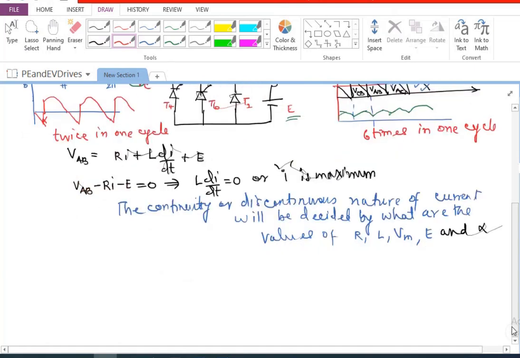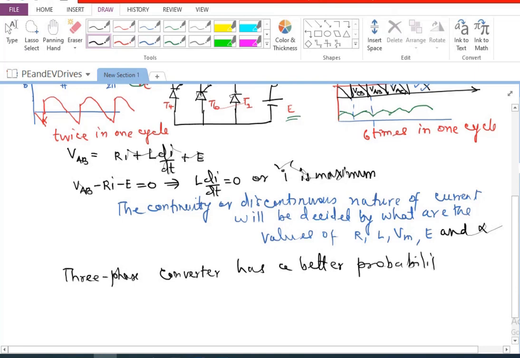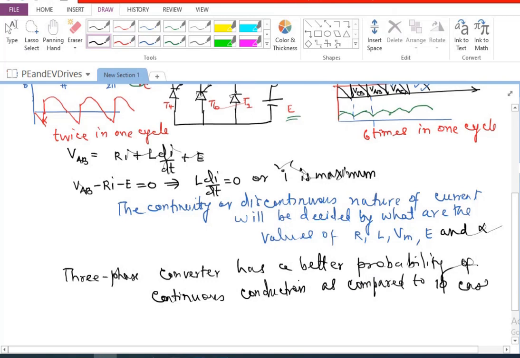So obviously the three-phase converter, or three-phase rectifier, has a better probability of continuous conduction as compared to single phase case.